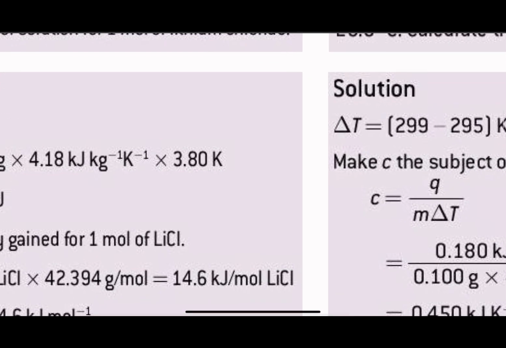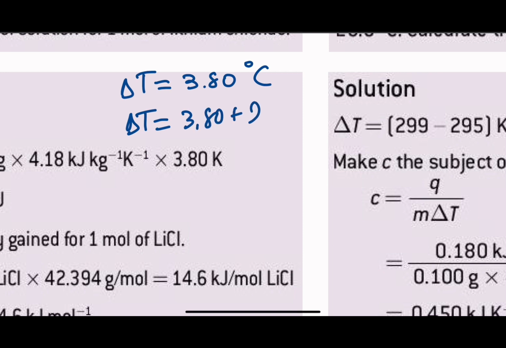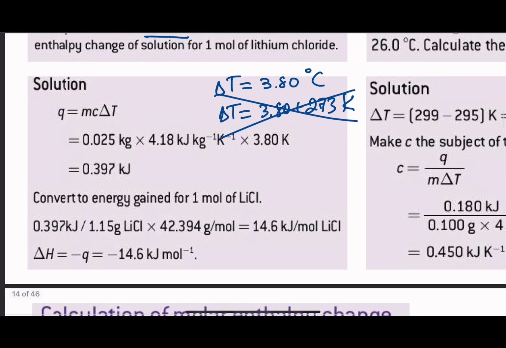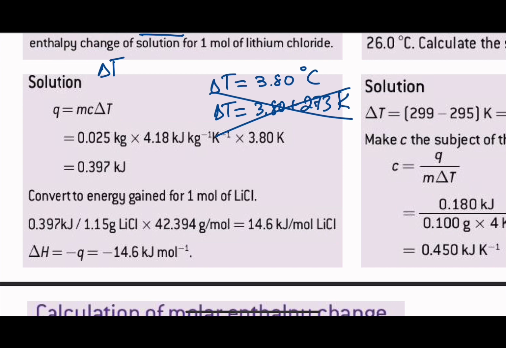Some of you were saying that if delta T is 3.8 Kelvin, then in terms of Celsius it would be 3.80 Celsius, and for delta T they would add 3.80 plus 273. This is wrong, guys. This is wrong. The delta T is going to be the same.